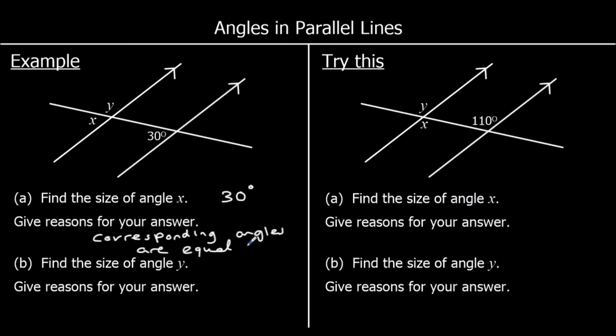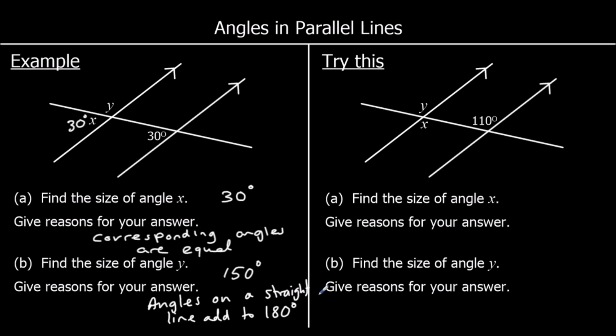How about angle Y? Well, angle Y is on a straight line with X. So if this is 30 degrees, angles on a straight line add up to 180. So Y must be 150 degrees, because 180 minus 30 is 150. So angles in a straight line add up to 180.